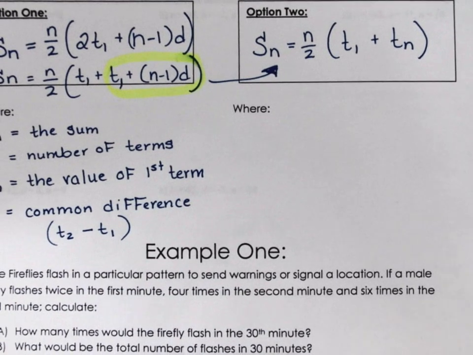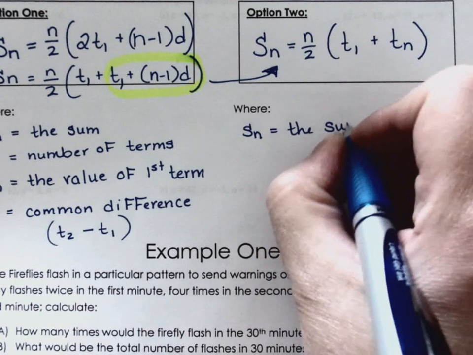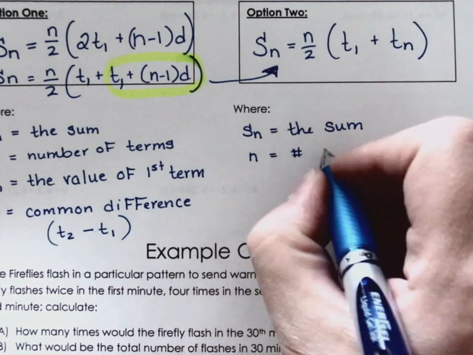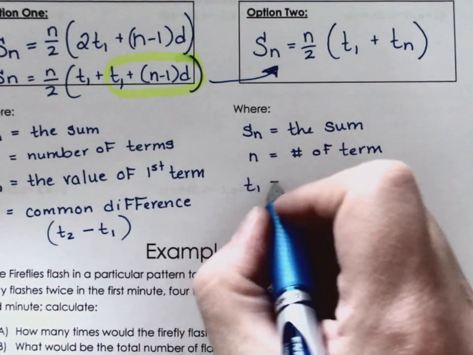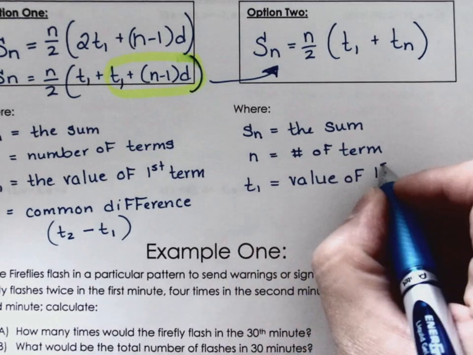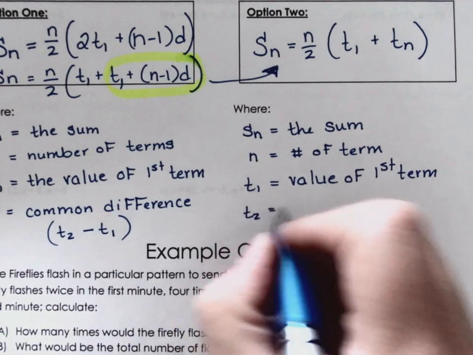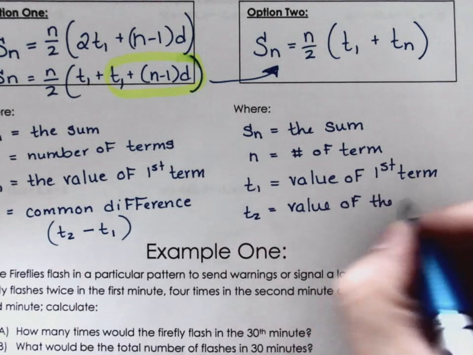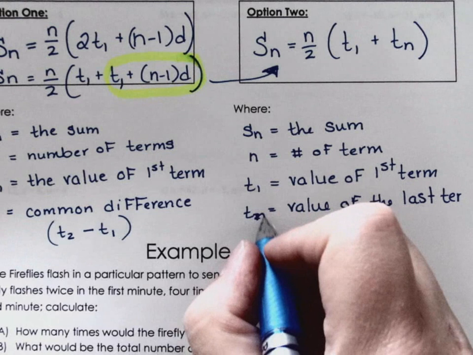So this one, all the same things. Sn is the sum, and we know sum just means that we're adding. n is the number of terms. T1 is the value of the first term. Tn is the value of the last term.